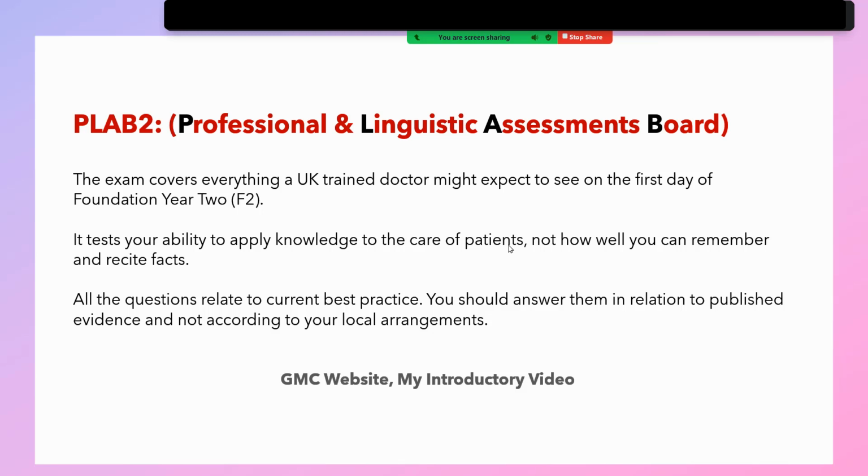In your practice, you might face 10 patients in one day. The 10 patients have the same disease. The medical treatment will be the same, but the plan of management will be different. Why? Because the patients are different.